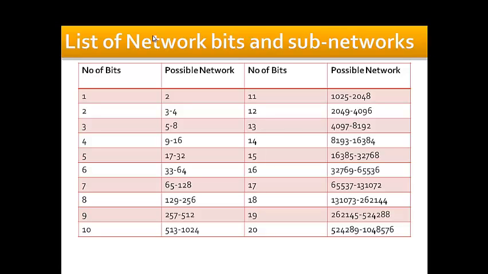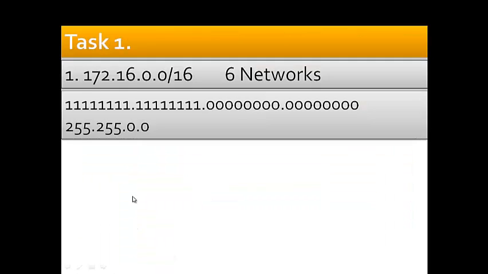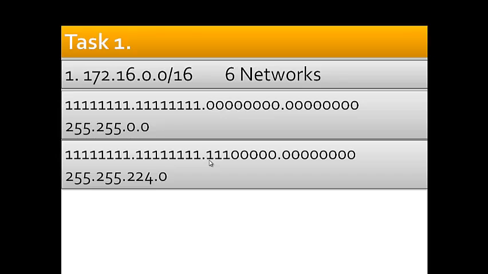If you want to split a network into 3 to 4, then you need 2 bits, and 5 to 8 you need 3 bits. In our case, we have to split the class B IP address into 6 networks, so we need only 3 network bits. So I take 3 bits from the host bit portion.